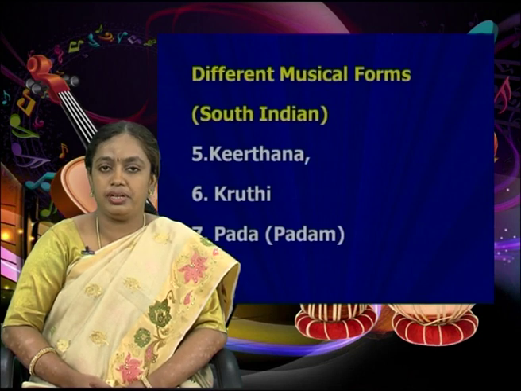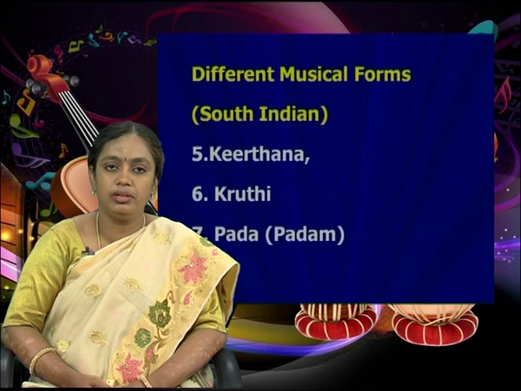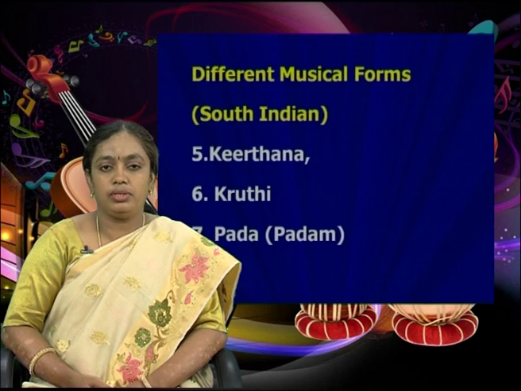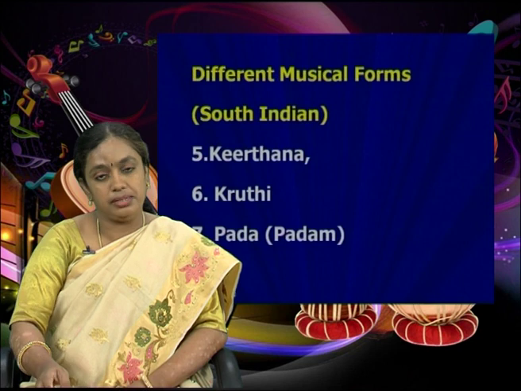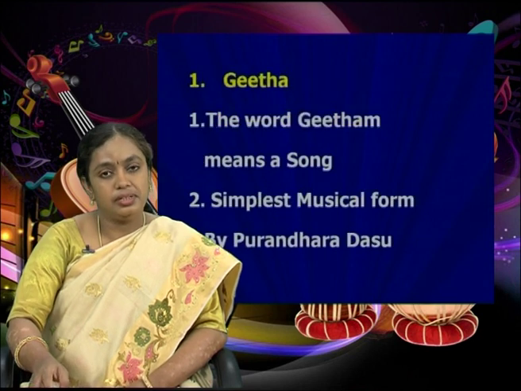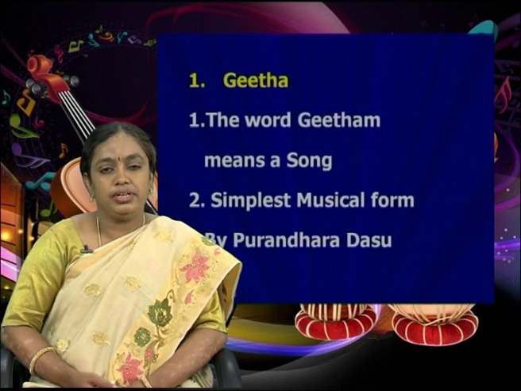Kirtanas are composed by Ramadasa, Purandaradasa and many more. And next is Kriti. After the Kriti, we have to know about Pada, which is also called Padam. And then the other forms are Javali, Ashtapadi and Tarangam. All these refer to the Abhyasagana and Sabhagana.